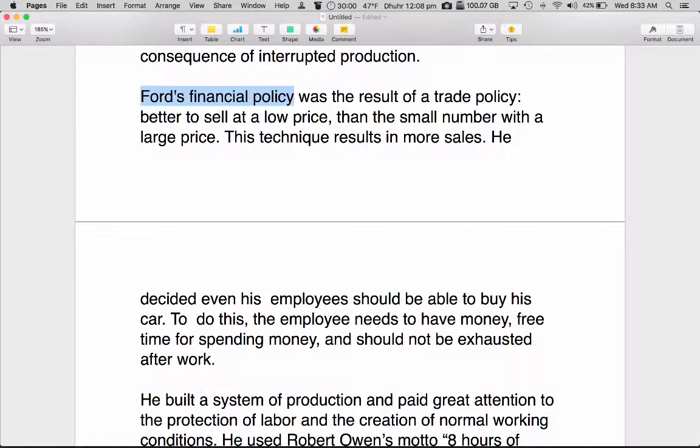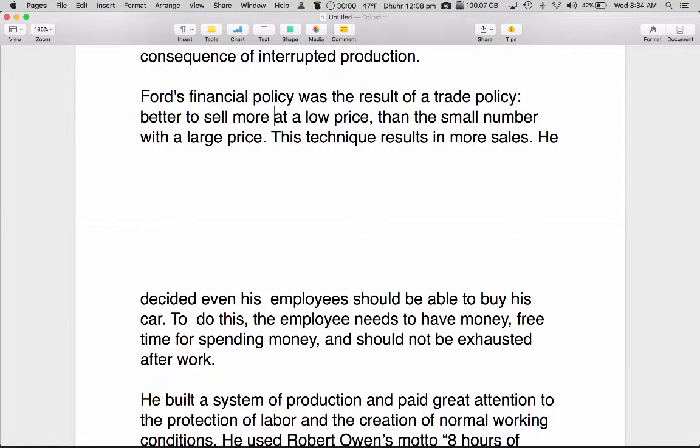Ford's financial policy was the result of a trade policy. Better to sell more at a lower price than to sell less at a higher price.